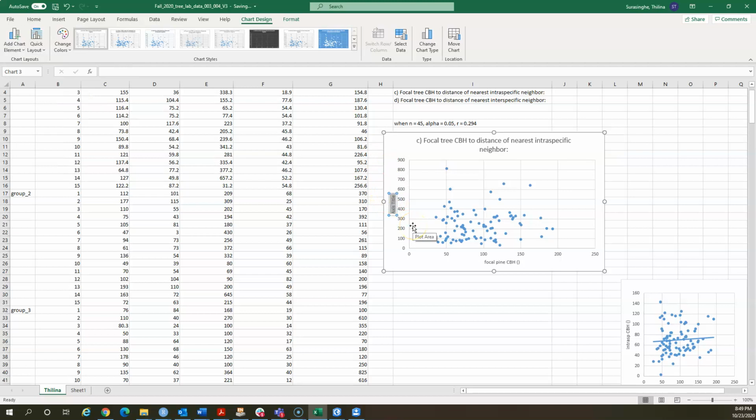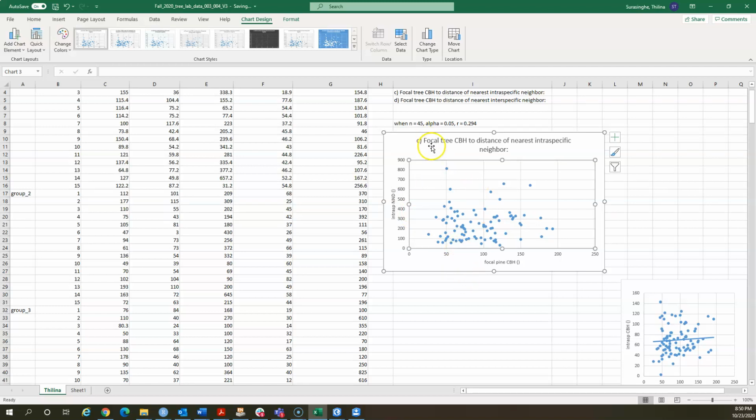That's going to be a distance now. Nearest neighbor distance. I'm being lazy, but don't put NND. You are going to type out nearest neighbor distance, or better yet, intraspecific, I think it was intraspecific nearest neighbor distance. And remember, now put units. This is going to be centimeters, I believe.